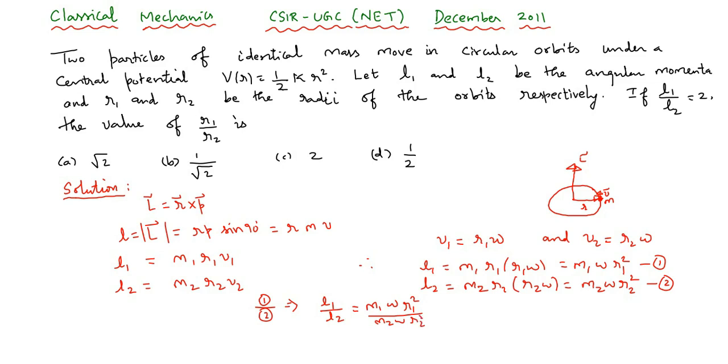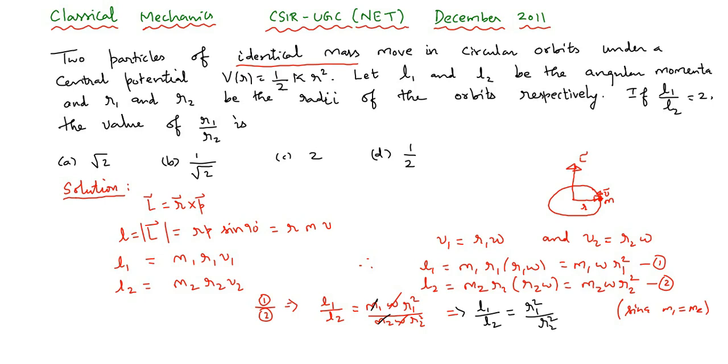Omega gets cancelled, and also it is given that the two particles have identical mass, so m1 is equal to m2. So m1 and m2 get cancelled, which implies L1 by L2 is equal to R1 square by R2 square.